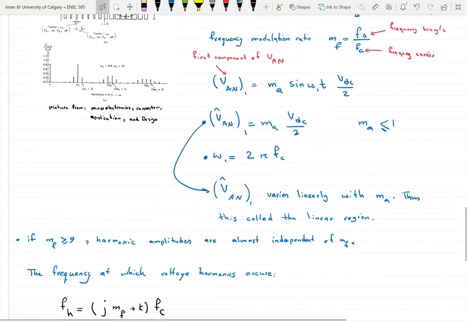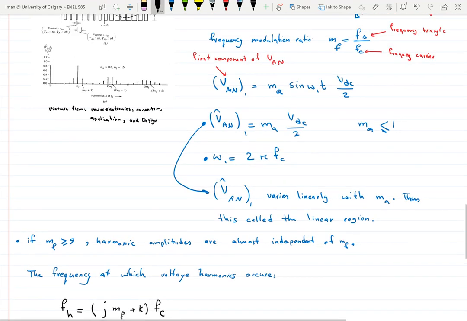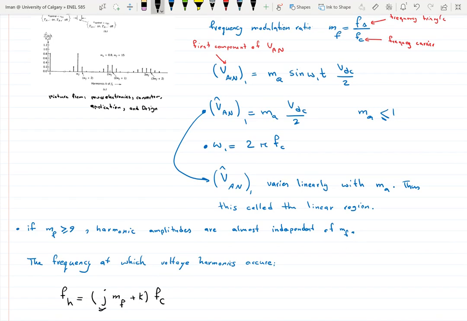What does this mean? If you look here, here we have 1 MF, so 1 is an odd number for j, right? So k has to be even, so 1 MF plus 0, I have a value. 1 MF plus 2, I have a value. 1 MF minus 2, I have a value here. That's what it means. You can see the same thing for 3 MF. 3 is an odd number, so I have a value at 3 MF plus 0, 3 MF plus 2, 3 MF plus 4, and you get the idea.